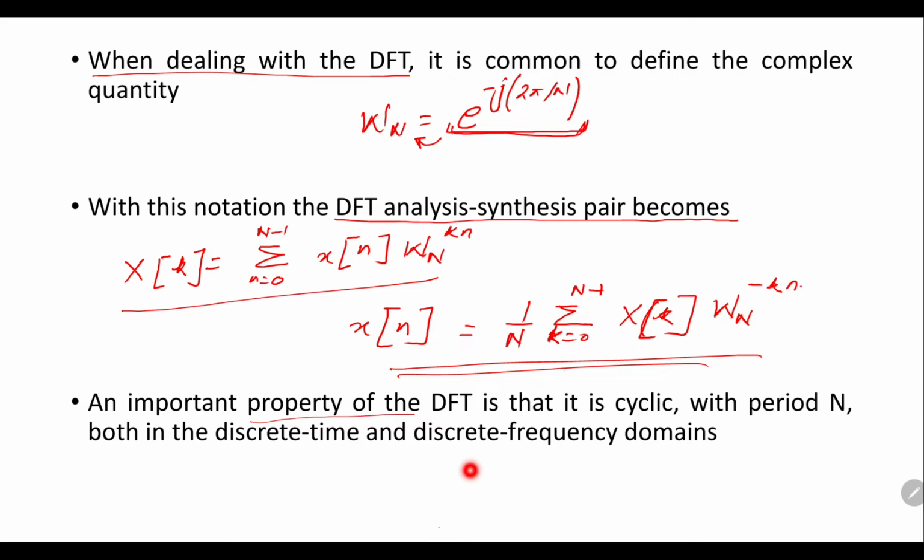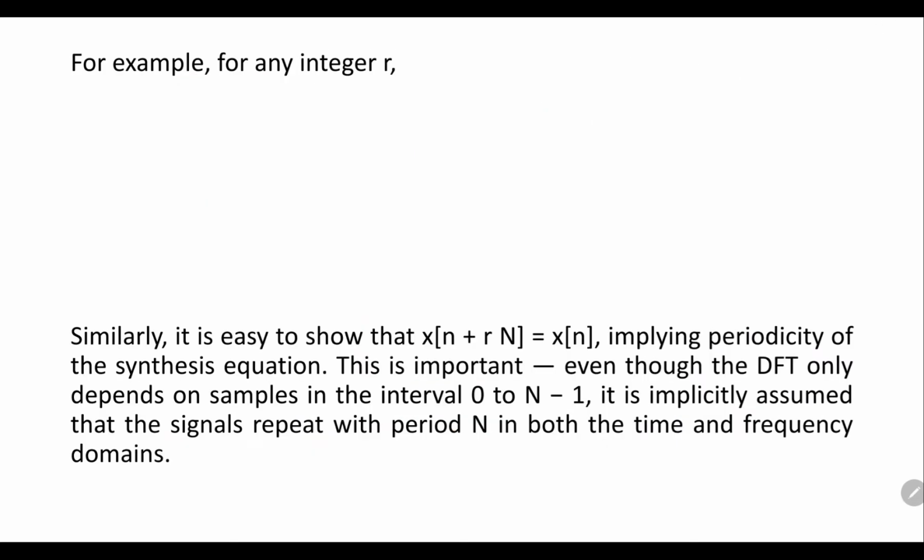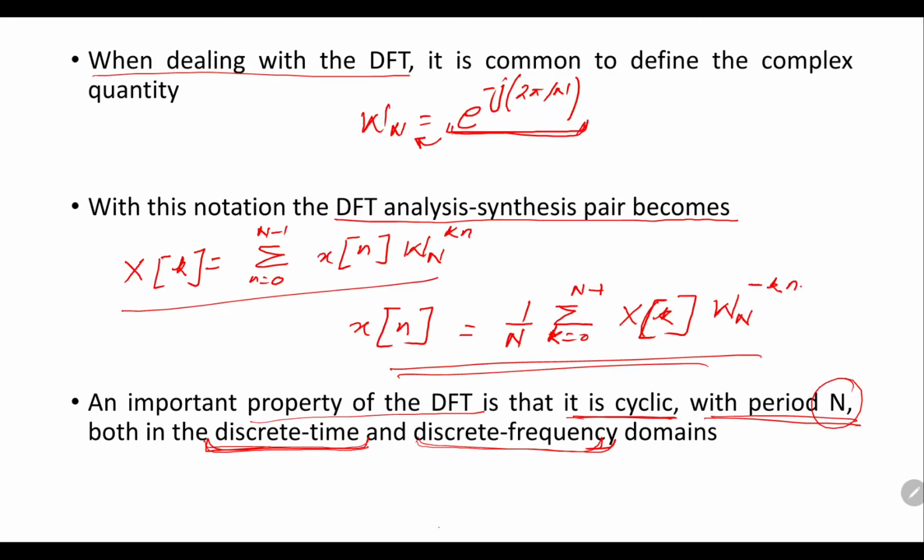Now an important property of the discrete Fourier transform is that it is cyclic, because it has a period capital N both in the discrete time and discrete frequency domain.